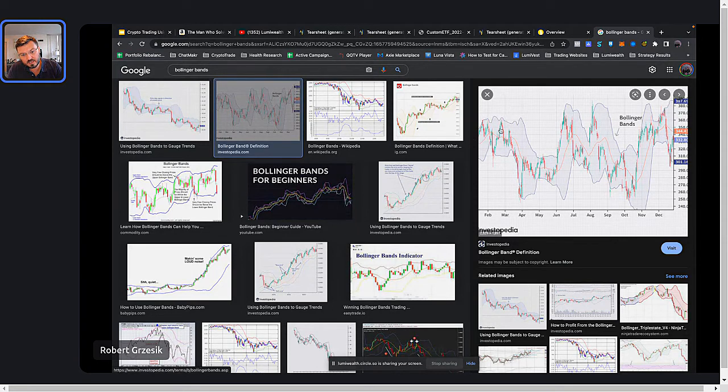You have your stock price in the middle, and then you have these boundaries around. So now we're looking for RSI that's less than 25, and for the closing price to be lower than the lower Bollinger Band. We're looking for those two things together.